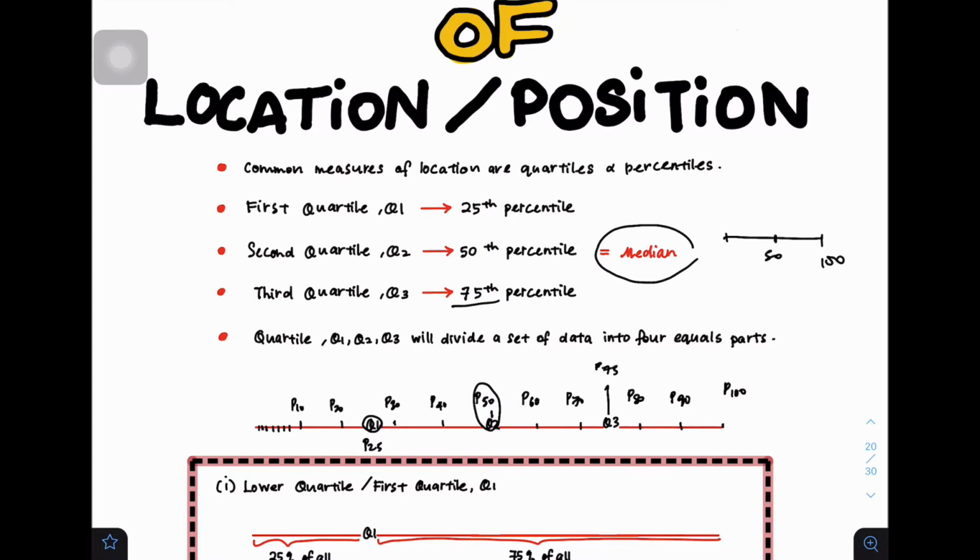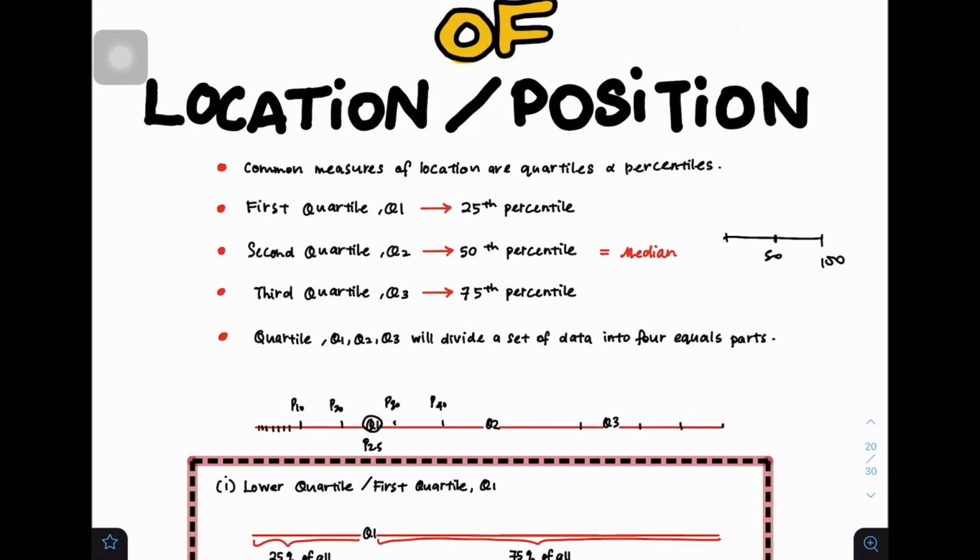Okay, so sama je. Kalau kita cakap pasal P75, sebenarnya we are talking about Q3. If we are talking about the 50th percentile, percentile ke-50, we are actually talking about the median. If we are talking about the 25th percentile, ke-25, we are talking about Q1. So you need to understand what is percentile, what is quartile, and what is the relation between percentile and quartile, because they are related to each other.